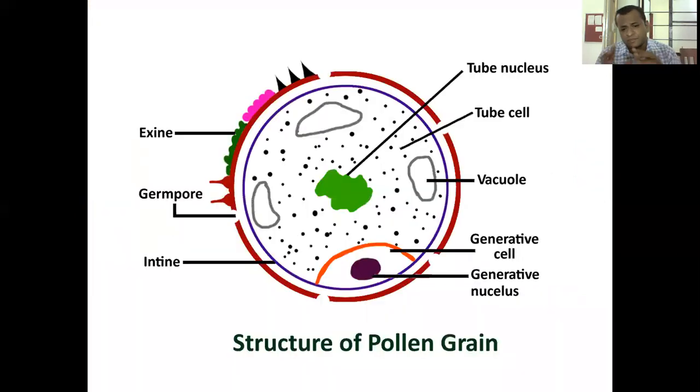Then let us see the structure of pollen grain in detail. If you see the pollen grain, there are always two walls to the pollen grain, that is the outer exine and the inner intine. Then inside the pollen grain, you will find the generative cell and the tube cell.